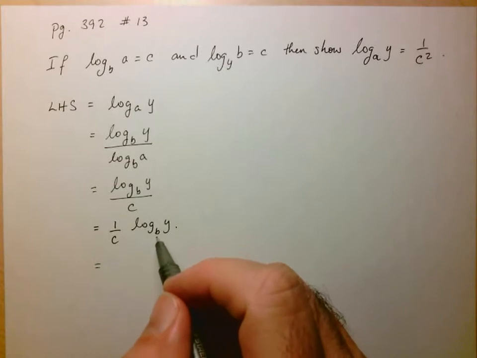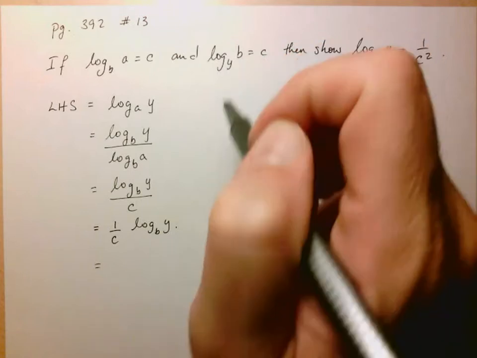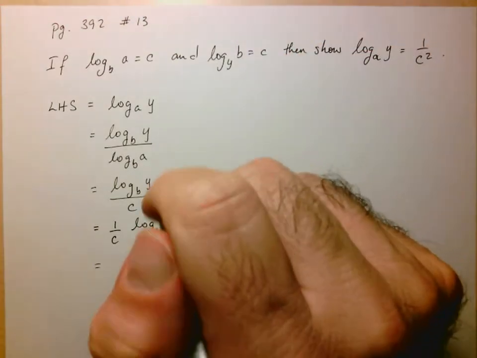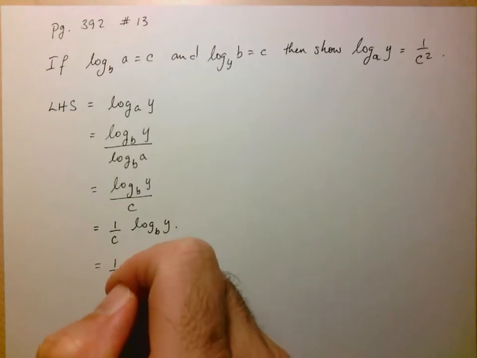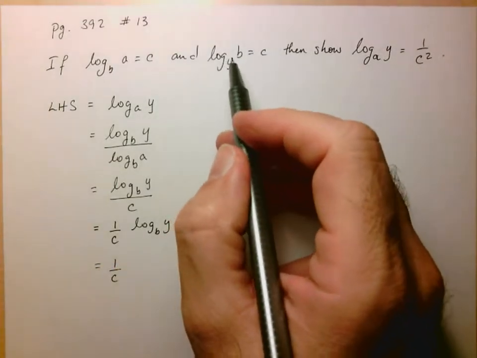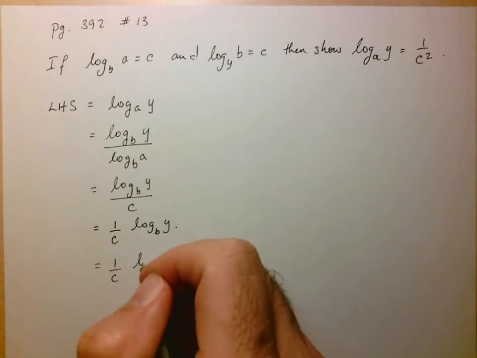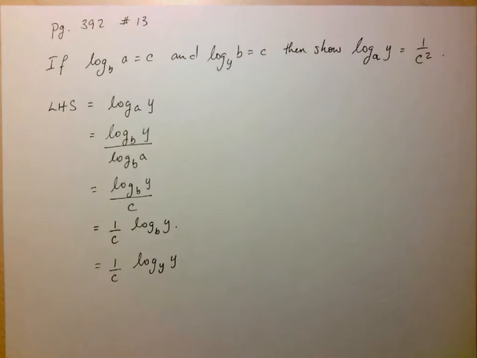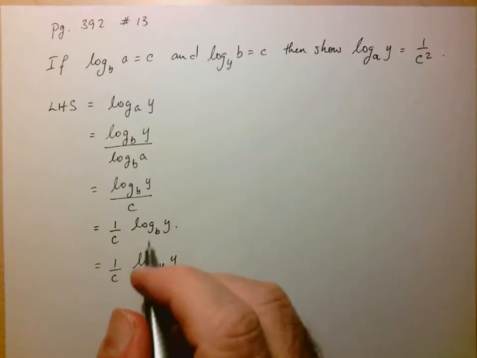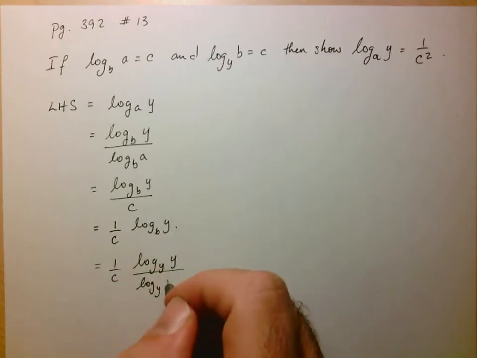I've got a log base b, and here the b is no longer the base, but it's in the input. So I'm going to do the same thing, a change of base on this expression, and of course I'm going to change it to the base that I see in this equation, log base y. So if I change this expression to base y, again it's log base y of the original input, which is y, over log base y of the original base, which is b.